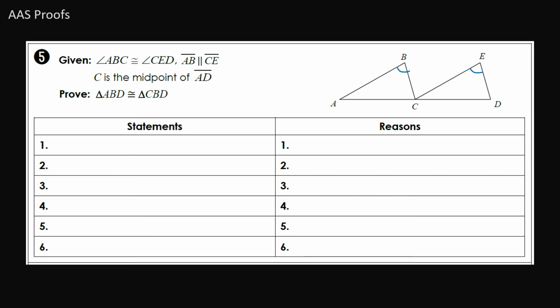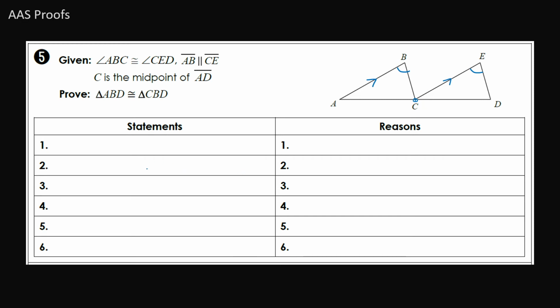Cool. Segment AB is parallel to segment CE. Got it? And C is the midpoint of segment AD, the entire length of these two triangles.